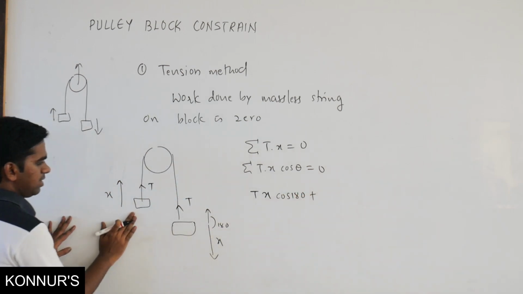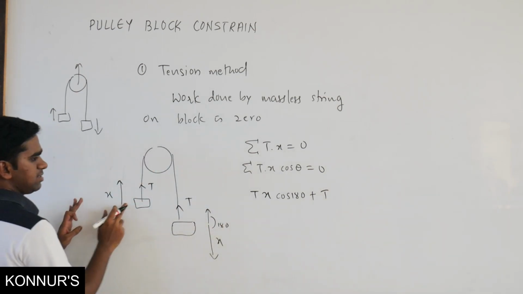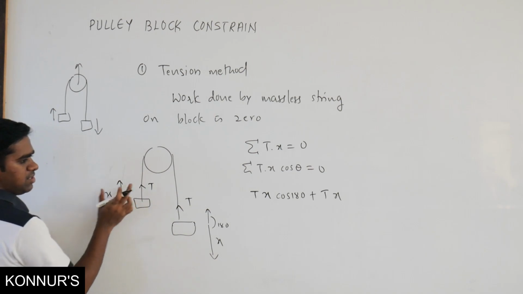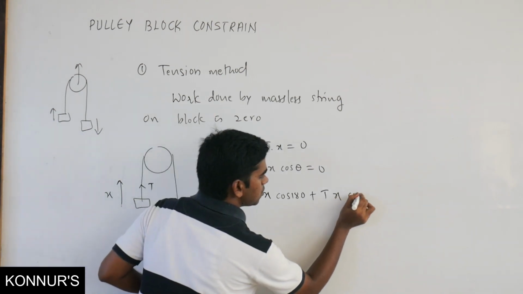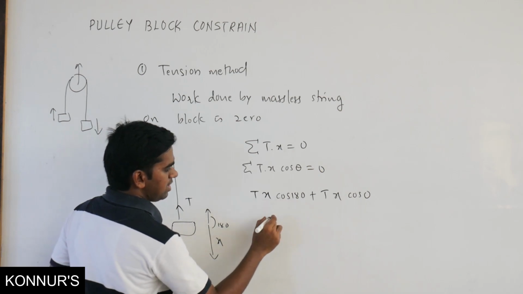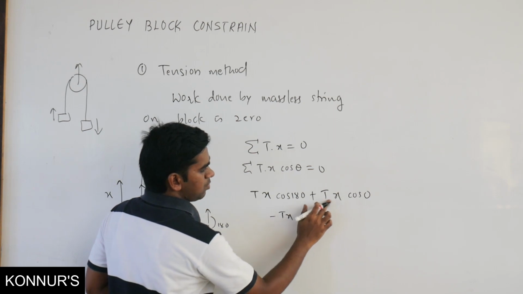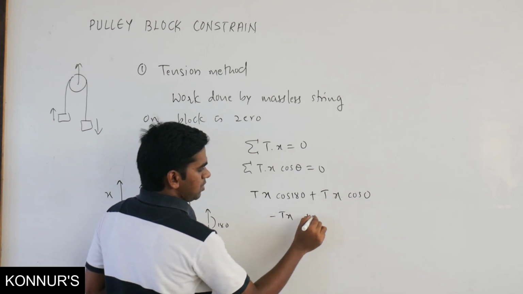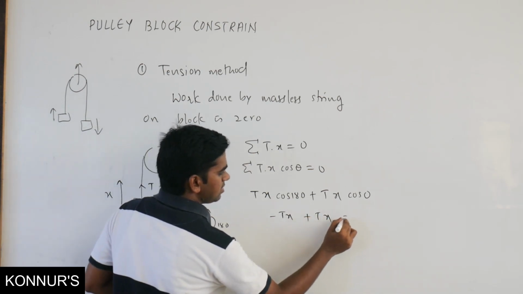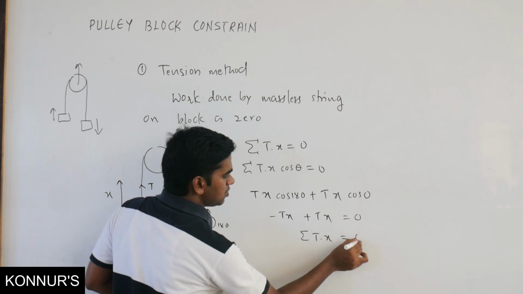Now here, force is tension, displacement x, and both are in the same direction, so the angle is 0, so cos 0. Tx cos 180 means minus Tx, plus Tx cos 0, which is plus Tx. So both will get cancelled and it will become 0.